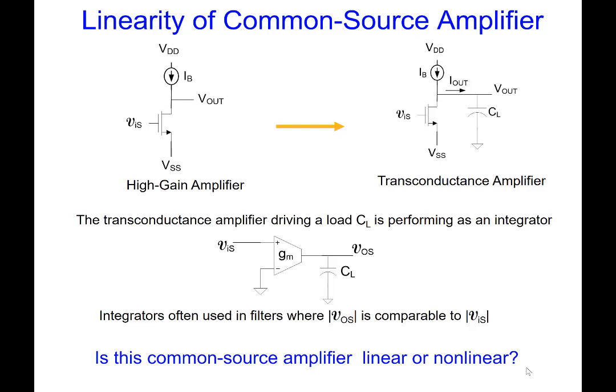So could we just use the circuit on the upper right as an integrator? The nice thing about that circuit is it will operate up into the several hundred megahertz range or higher in probably a 0.18 micron process. And if you get down to 60 nanometer process or lower, it might even operate in the gigahertz range.